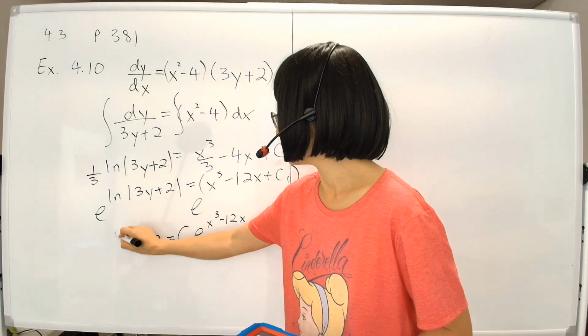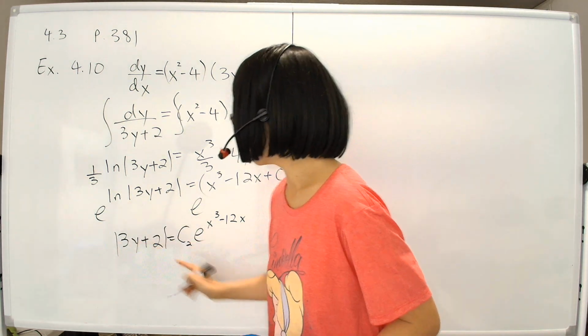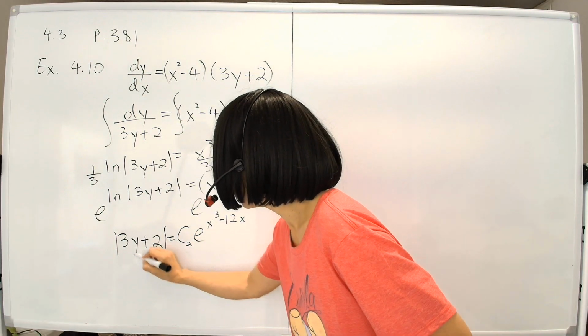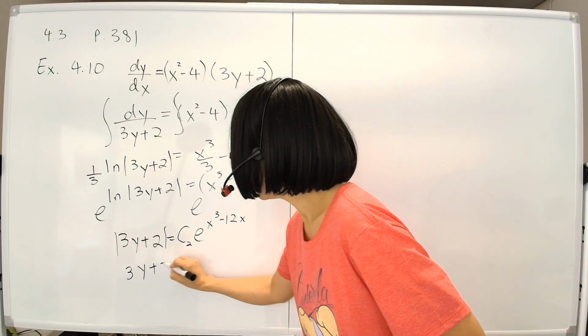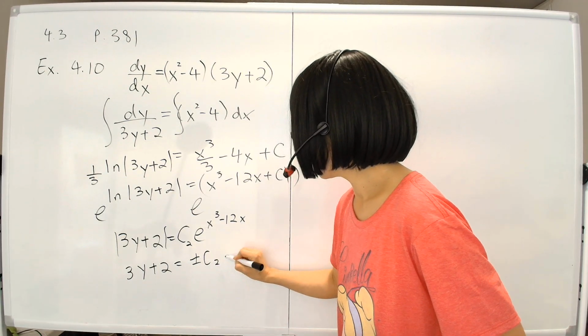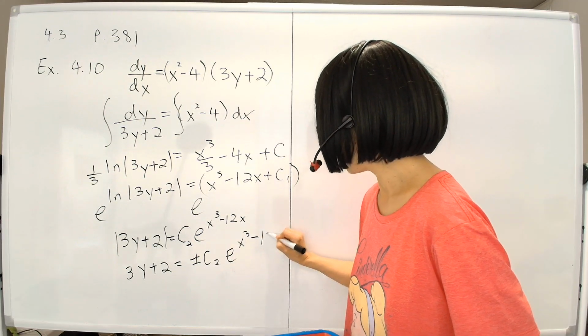This is still in absolute value, so continuing, we have 3y plus 2 equals plus or minus c2 e to the x cubed minus 12x.